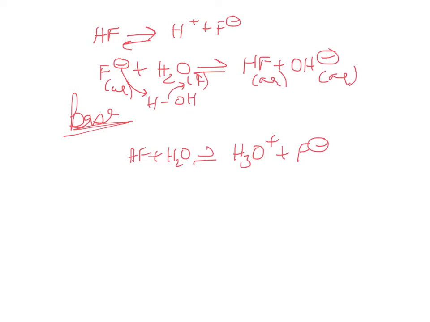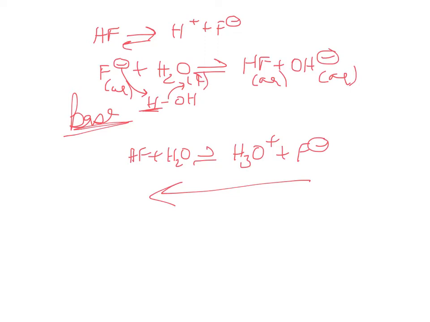That means this equilibrium is more towards the left-hand side, because the F negative has a really significant affinity for the protons, for the hydronium. What that means is that when F minus is put in water, it's going to interact with the proton pretty quickly, remove that proton from the water molecules and ionize it, and thus it's going to behave as a weak base.